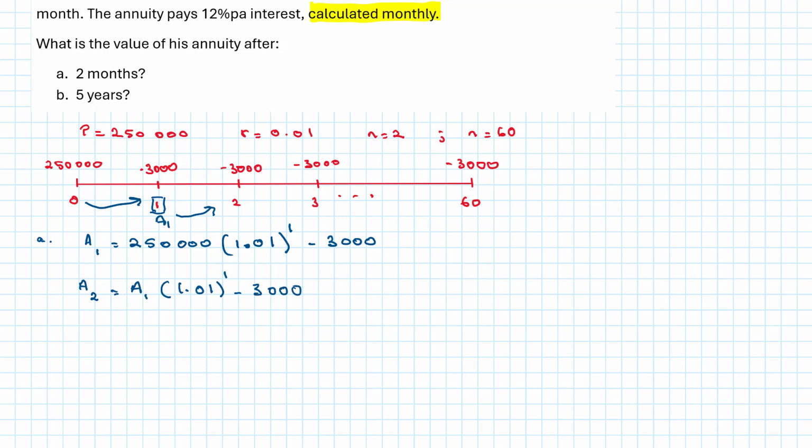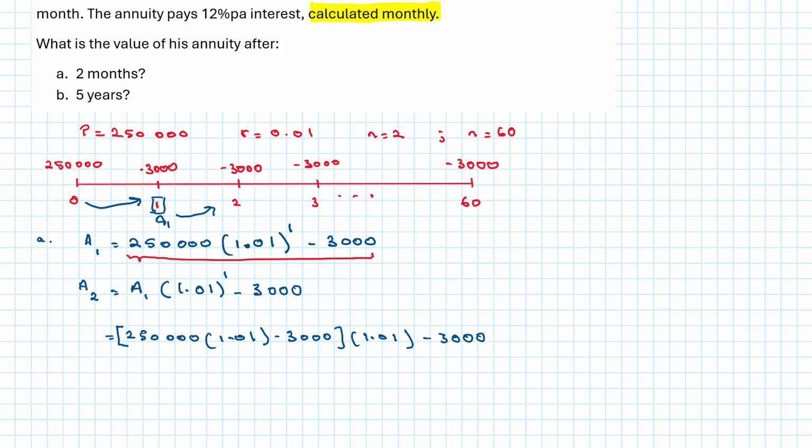Just like with home loan repayments, I am now going to substitute all of this for A1. When I do that substitution, I get 250,000 times 1.01 minus 3,000, that's my A1, being multiplied by 1.01 minus 3,000.